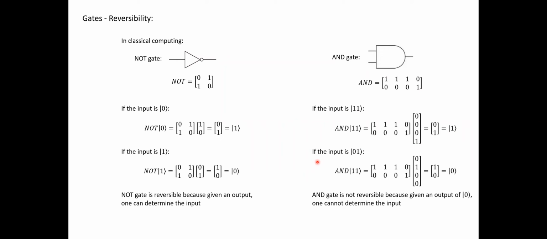That's how an AND gate works. It is not reversible because given the output of 0, we cannot determine the input. It could be 0, 0, 0, 1, or 1, 0. Those are examples of what reversible and non-reversible operations are.